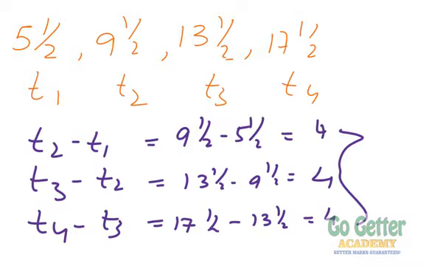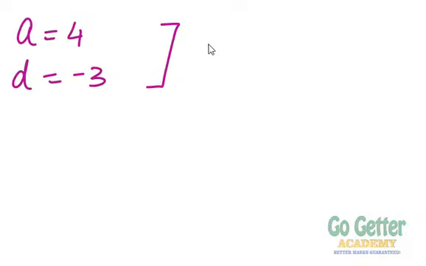Next kind of questions you can get is where you have to write an AP. The question says write an AP having 4 as the first term, so your first term A has to be 4 and the common difference has to be -3. How can you write this AP? You just write everything in the general form. We know the general form of any AP is A, comma, A plus D, comma, A plus 2D, comma, and so on.